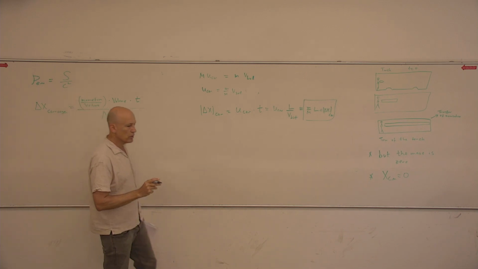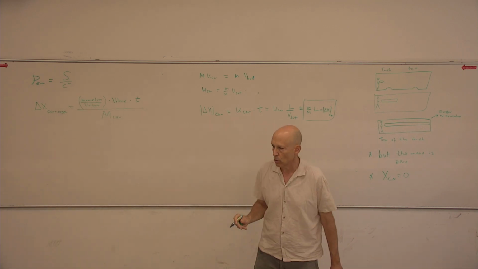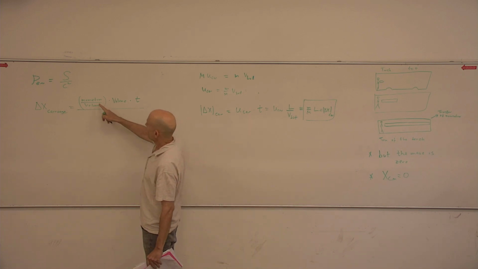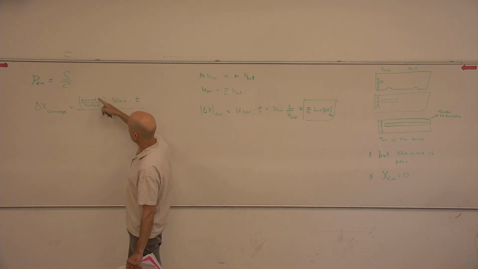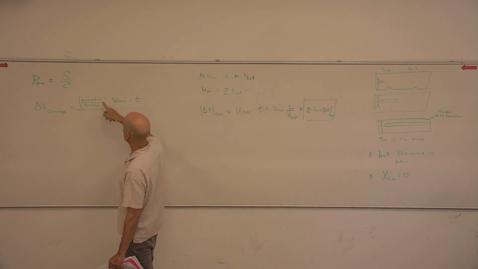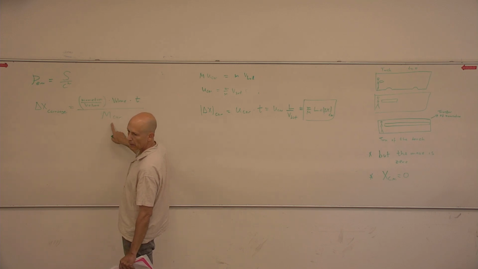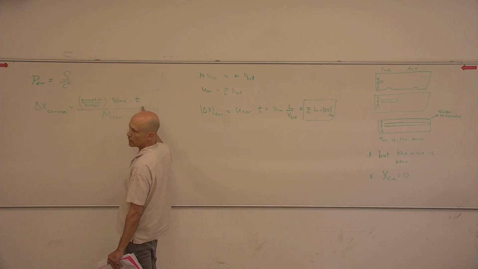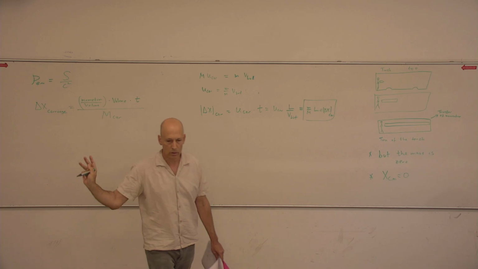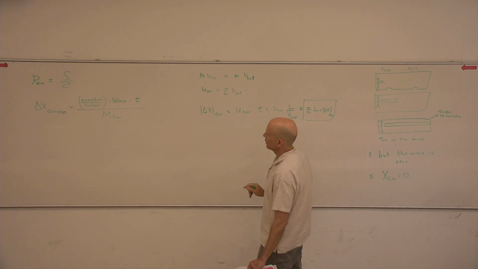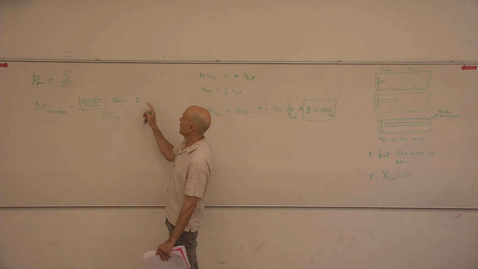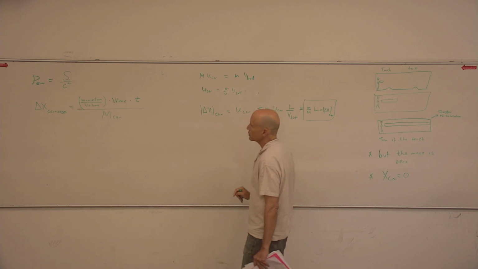That is, he's treating the carriage as totally classical. So this is simply momentum of a volume times volume is momentum. Momentum divided by the mass is velocity. Velocity times t, like high school. It's the same thing. So this is velocity times t.